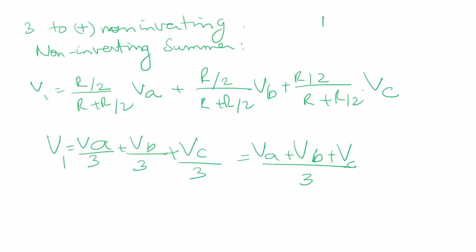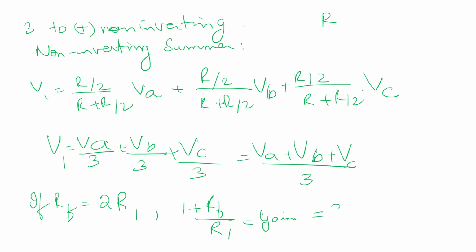And if RF is equal to 2 times R1, then 1 plus RF by R1 is the gain of the non-inverting terminal, which is equal to 3. So this is the analysis for the non-inverting summer.